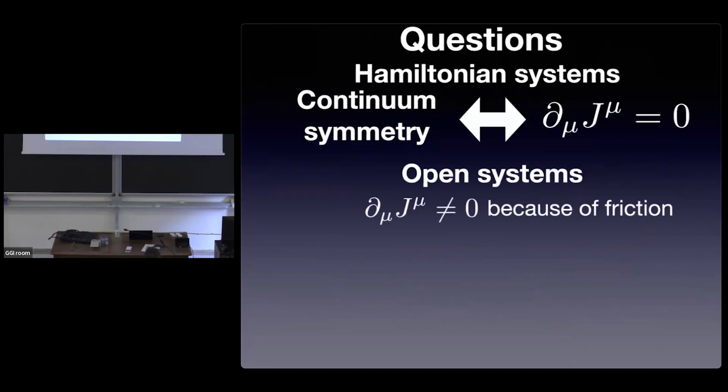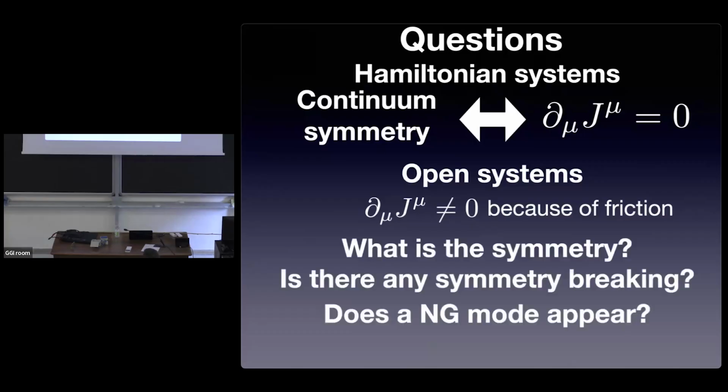Ordinarily in a Hamiltonian system, if you have a continuous symmetry, that means existence of a conserved quantity. In the open system this is not the case, because the interaction between the system and environment causes some energy dissipation or particle dissipation. So now the question is, what is the symmetry?